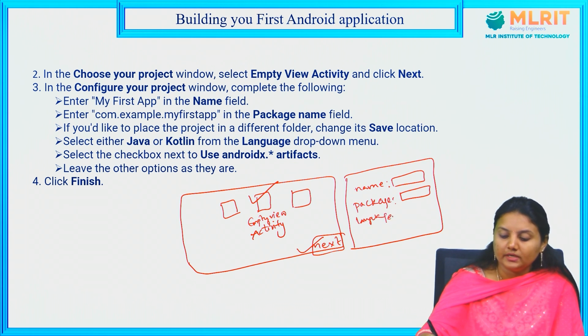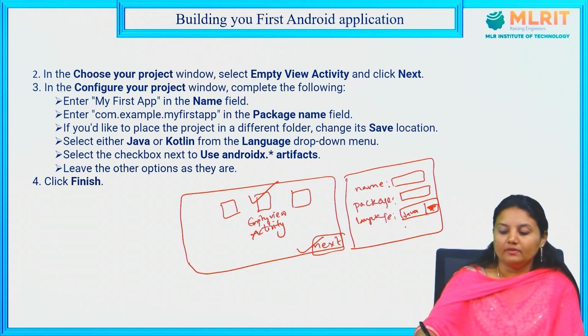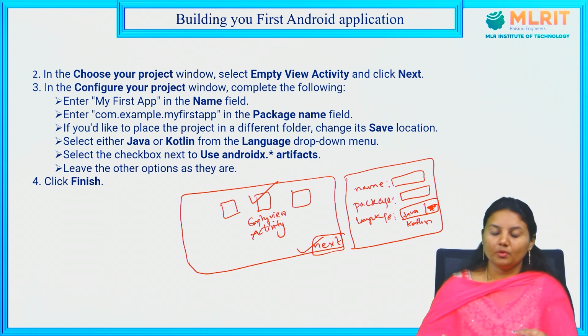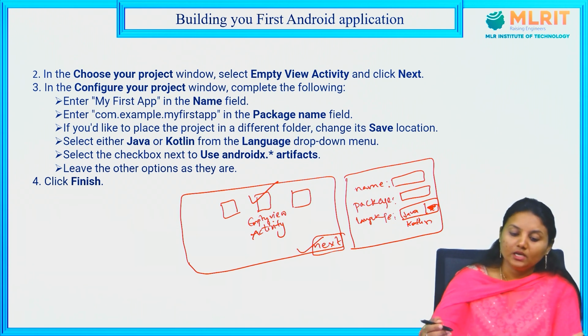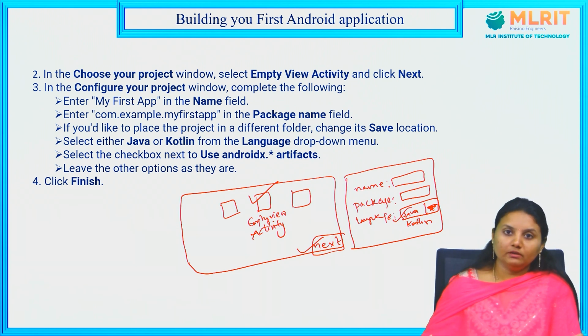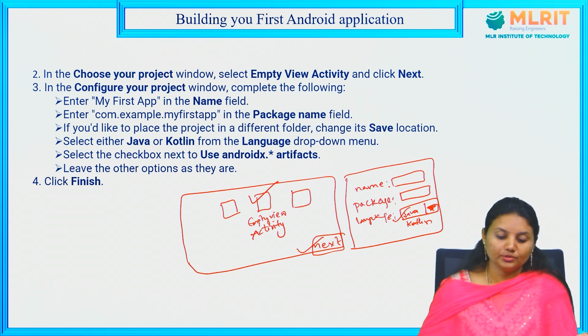To select the language, you have Java in a drop down box, and one more will be Kotlin. So either of these two, anyone can be selected. We'll opt for Java for doing our Android Studio applications.